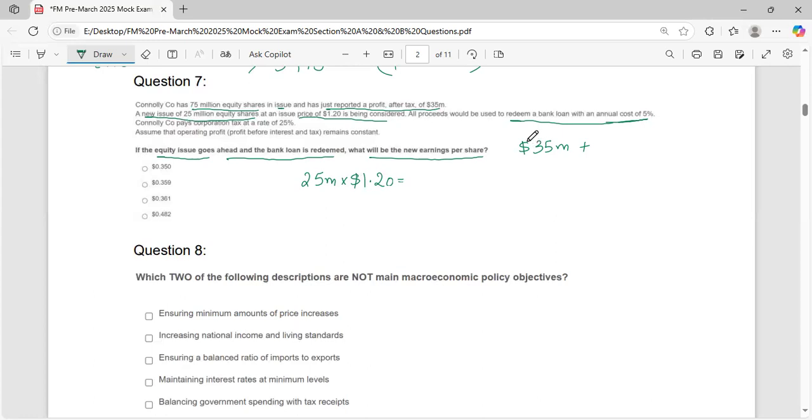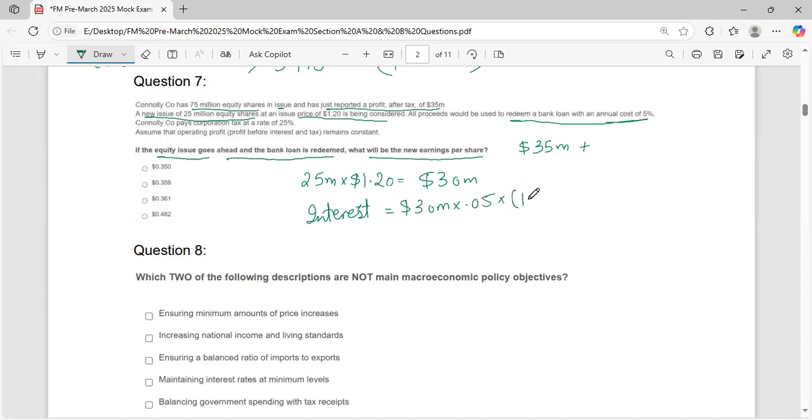It is 30 million. All these proceeds are used to redeem the loan, so we are going to reduce our interest expense. The interest on this redemption of loan is 5%.